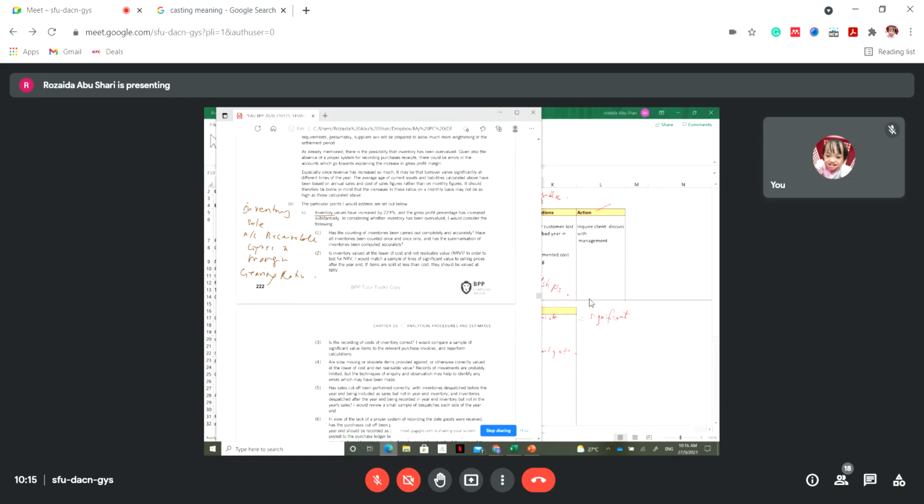So inventory value has increased by 229%. So you look at the huge or significant increase. I just want to highlight the important things that you need to consider.